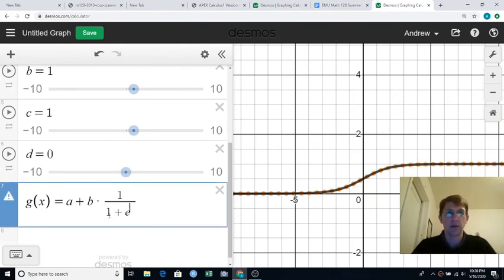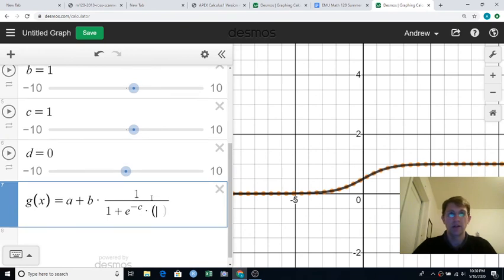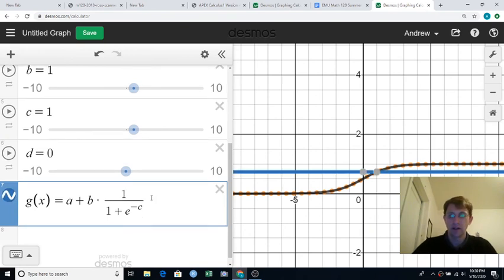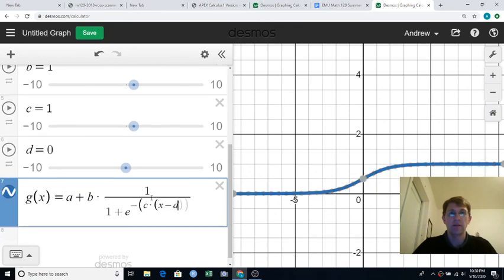So this is our main logistic function. I'm doing the vertical shifting, vertical scaling. But then I have a negative, but then instead of x, I'm going to write in all this stuff. So I'd say c times, whoop, I need this to be in parentheses, c times x minus d. I actually don't need this parentheses around it. I just had to do that to tell Desmos to not let the next thing be out of the exponent.